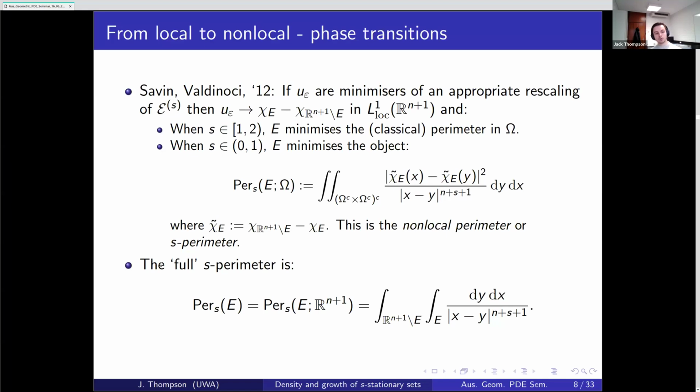And we can also obtain a full s-perimeter in R^(n+1) by just replacing omega with R^(n+1). And then it comes out as a little bit of a neater integral in this way. So this is really the motivation for studying the non-local perimeter.